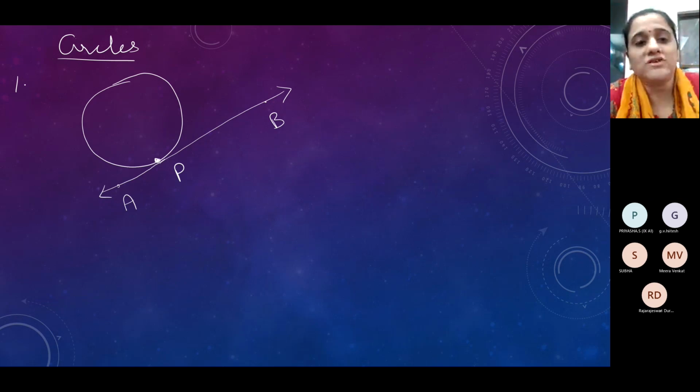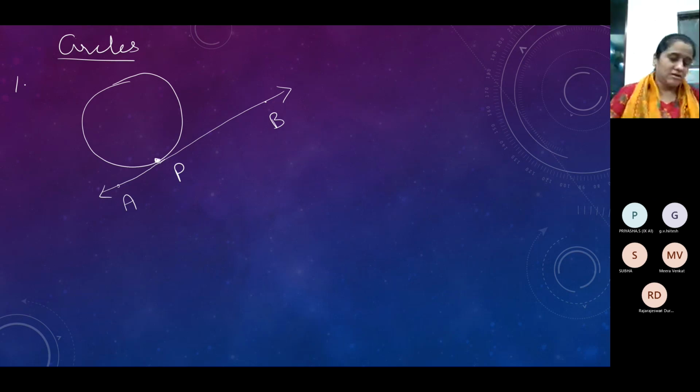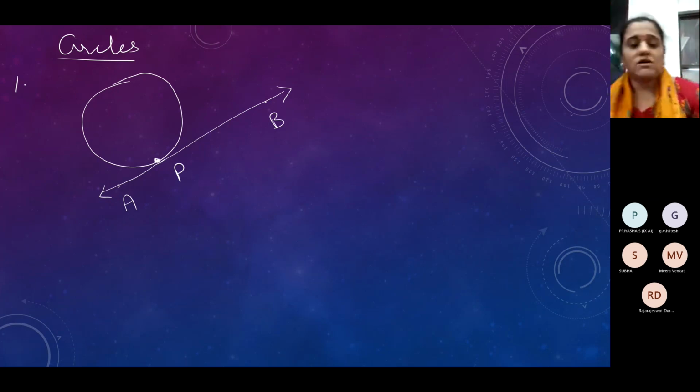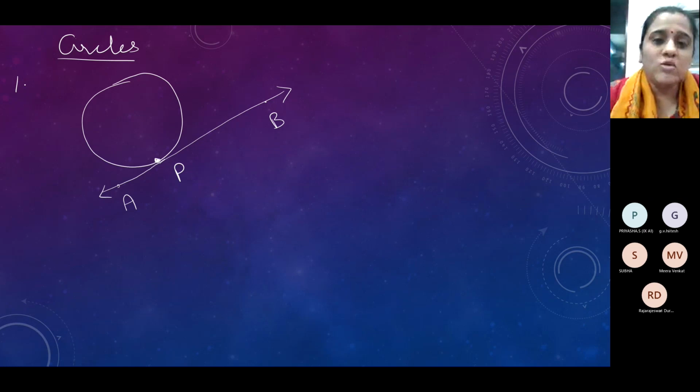You know that a tangent is a line which meets the circle at exactly one point. On the circumference of the circle, there are so many points, and a line also extends indefinitely on both sides, so on the line also you have so many points, but there is only one point common between the circle and the line.